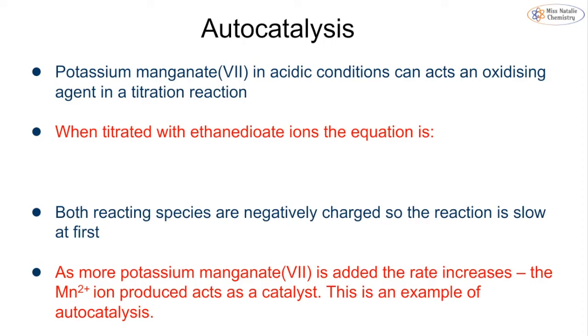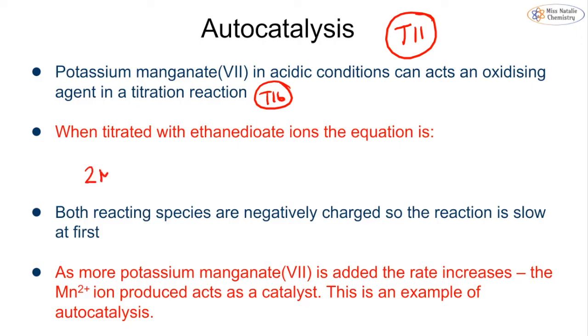Now, we also have a process called autocatalysis, and we did talk about this back in topic 11 when we looked at kinetics of reactions. So potassium manganate 7 in acidic conditions can act as an oxidizing agent in a titration reaction, and we talked about those reactions in topic 16. So when we titrate the potassium manganate 7 with ethane dioate ions, the equation is as follows.